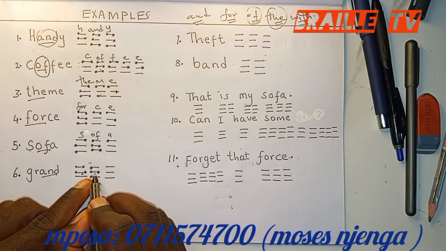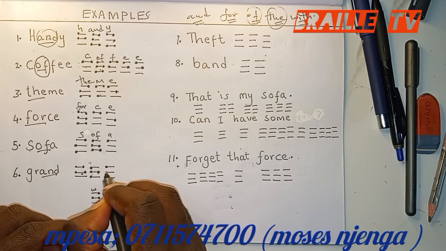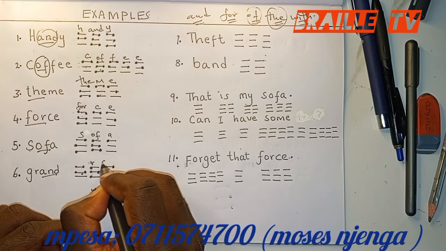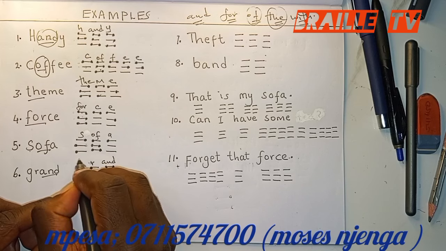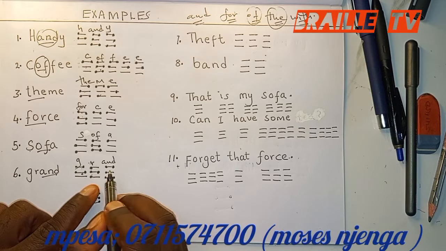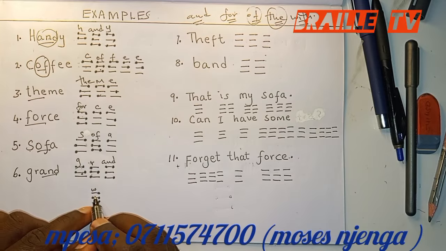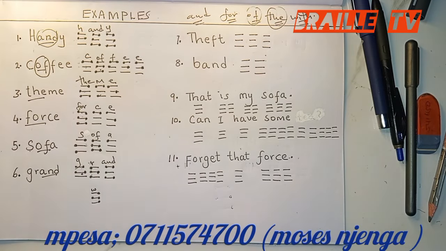It's the opposite of R. I'm repeating it again and again when I meet them so that someone somewhere can understand. So this is the word grant with R and "and". So this is R, this is W. You can see they are opposite to each other.